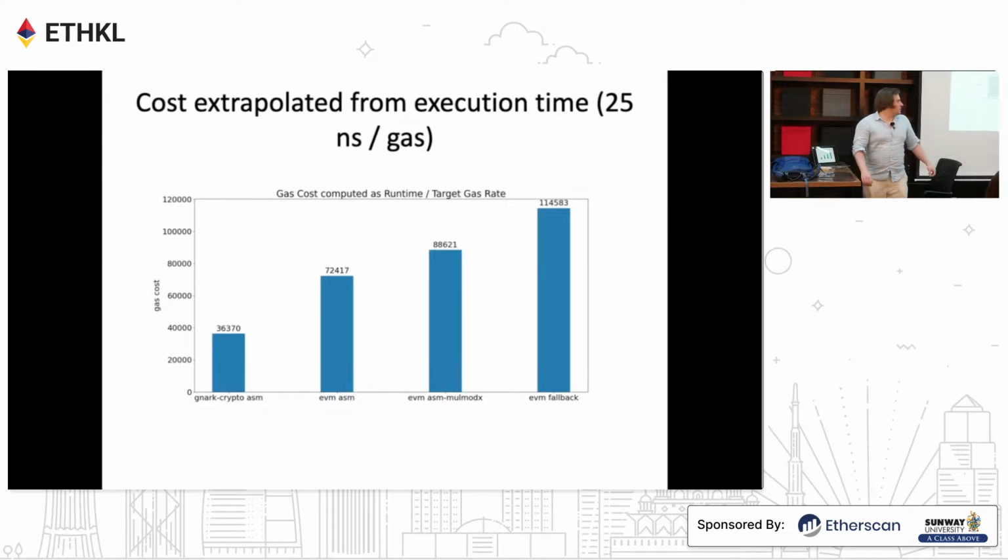So the two important ones are the left bars here. Basically, if we take the execution time of the EVM ASM, which is Geth's interpreter, the 6690 implementation in Geth, and we take the corresponding precompile implementation in Geth, right now it's about twice the runtime.